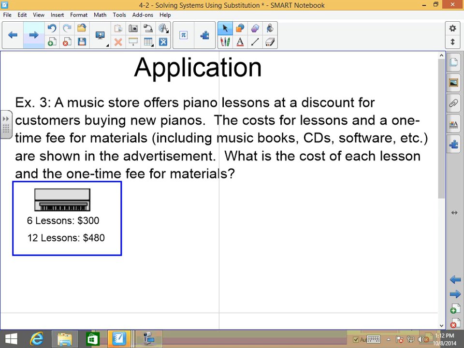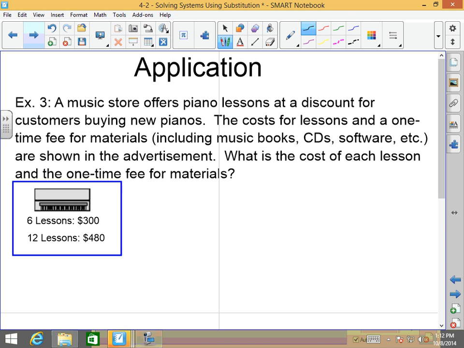What is the cost of each lesson and the one-time fee for the materials? Okay. So we have two unknowns here: the cost of the lessons and the one-time fee, correct?